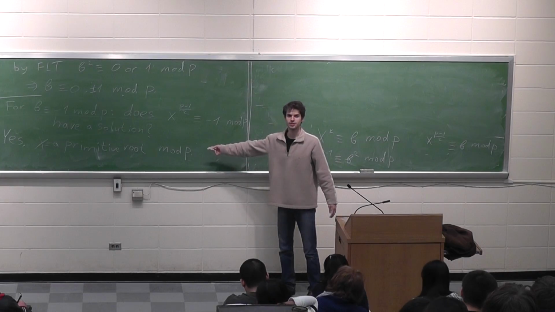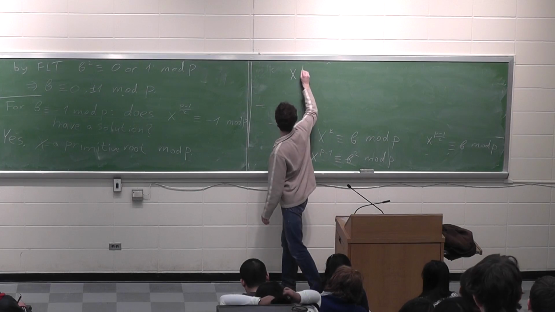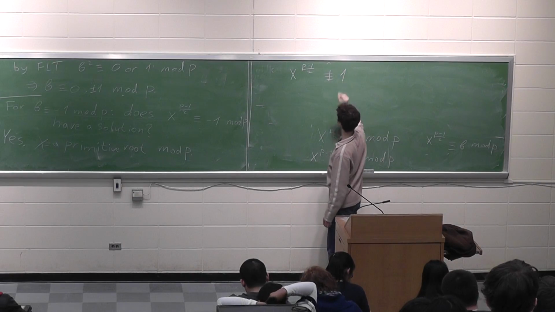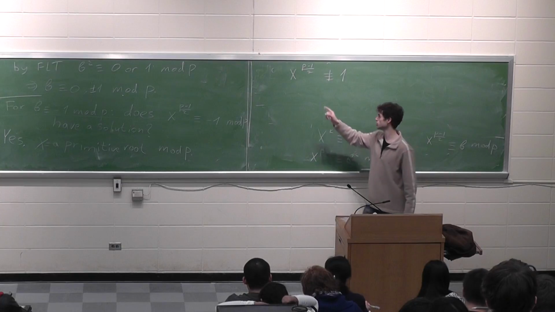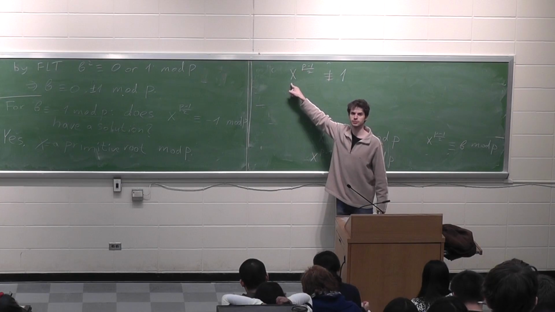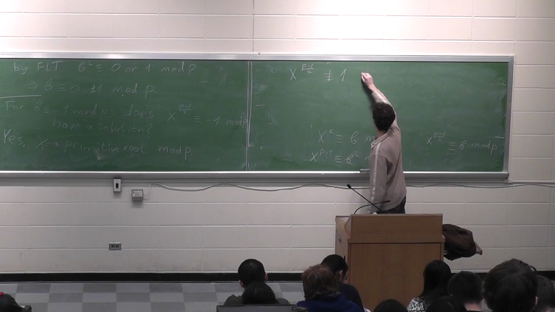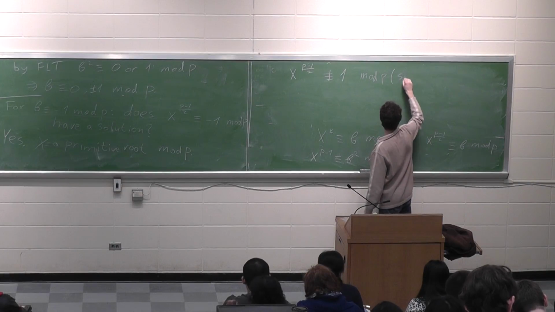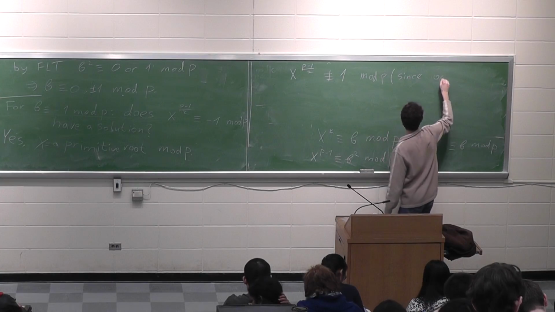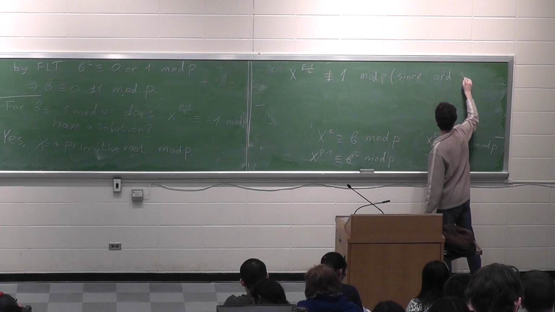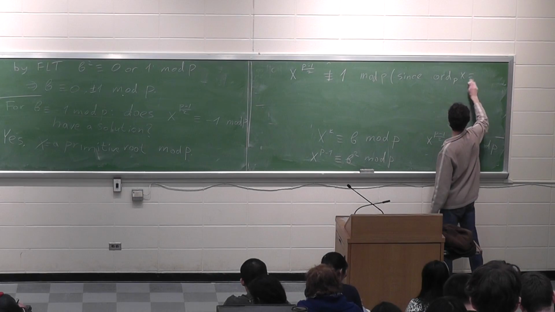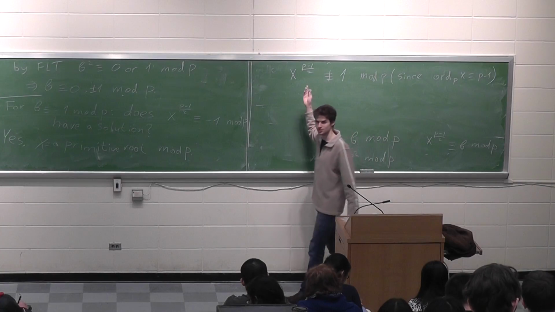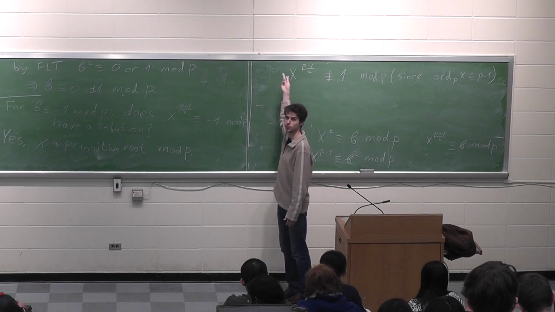So indeed, if you take such an x, then x to the power (p minus 1) divided by 2 is not congruent to 1, just because I know that the order of x modulo p is exactly p minus 1. This exponent is smaller than p minus 1.